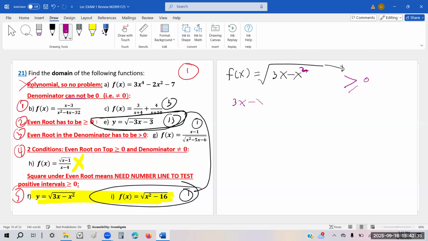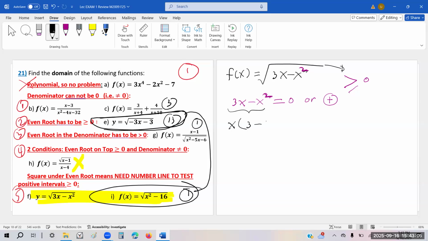So 3x minus x squared can be 0 or it can be positive. I'm writing it out because I have a square inside. For a square, we need to use the number line. So we need to know where this function becomes 0. To solve for x, we need to bring out x as a common factor.